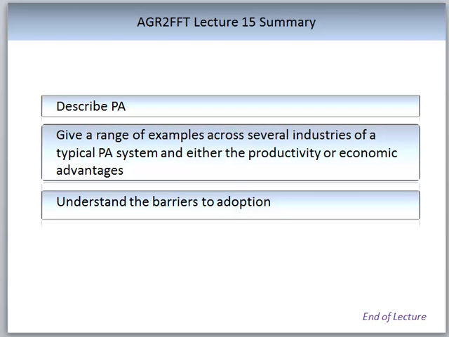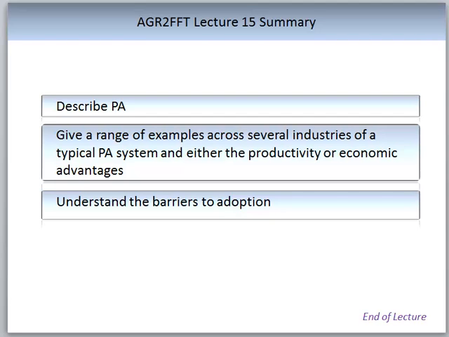After completing this lecture and reading the associated materials, you should have a solid knowledge of precision agriculture. You should be able to describe all of its components, list its technologies and understand how its technology gives you an output. You should be able to relate this knowledge across a number of examples, that is, across a number of industries.